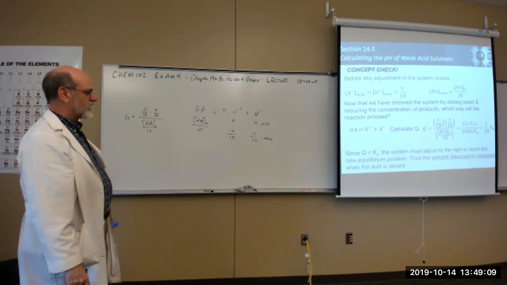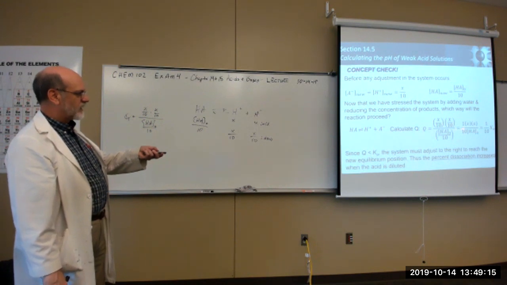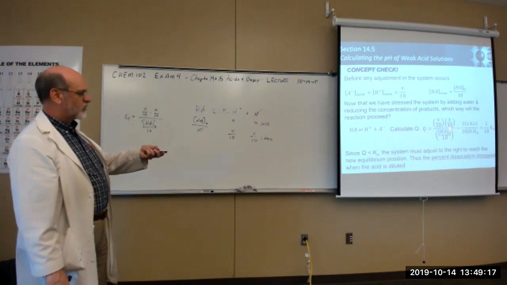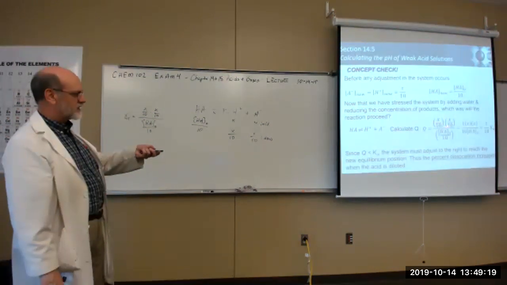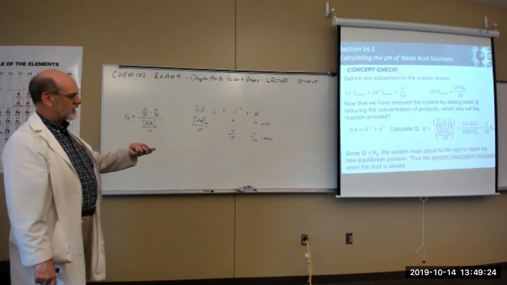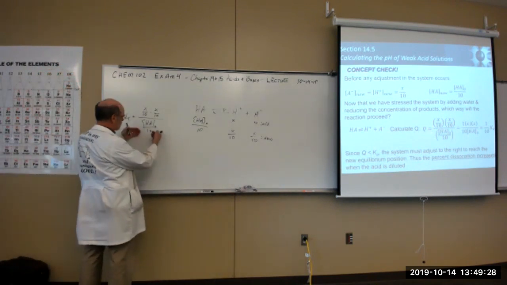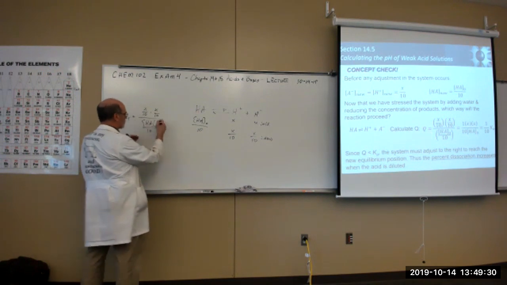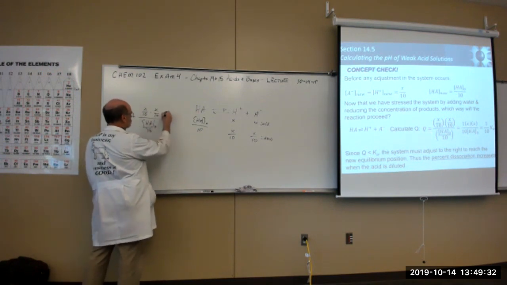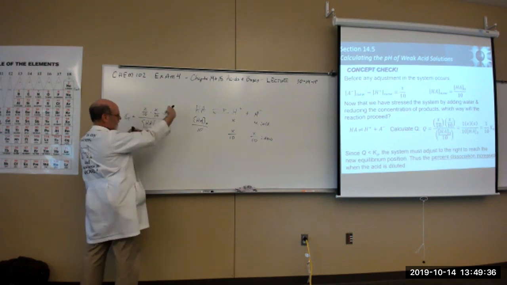So there's our calculated Q right here. And what we find is that we can factor out the 10, the denominator, and the denominator ends up in the, let's see, the denominator is the numerator. So this becomes this, right? Flip it up.